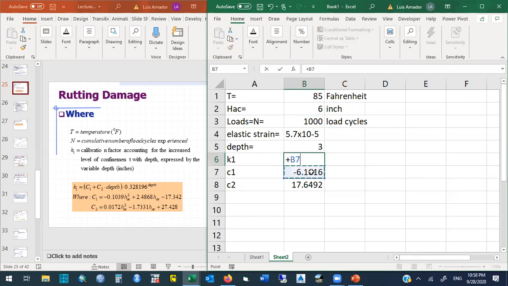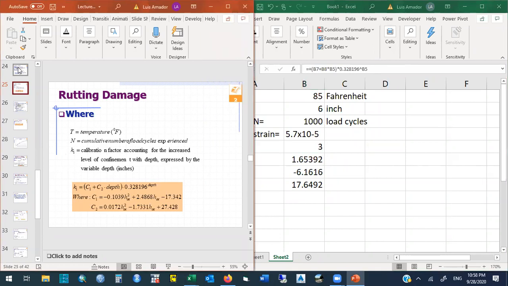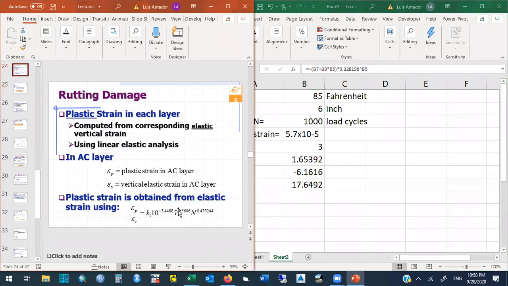This is C1 plus C2 times the depth, times 0.328196 to the power of the depth. So that's my K1. And I need to go now back into this one and use this equation.